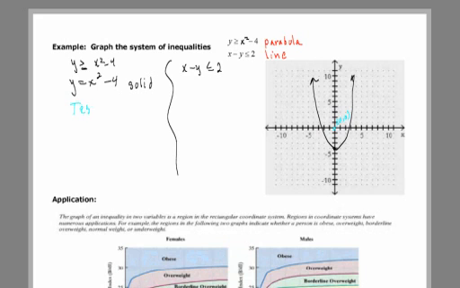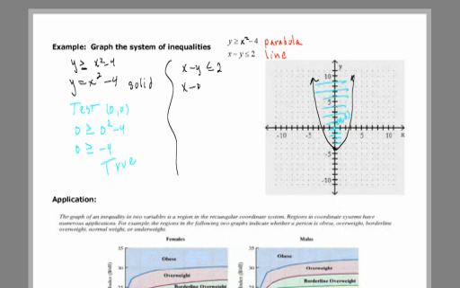In the original, I'll have 0 greater than or equal to 0 squared minus 4. 0 greater than or equal to negative 4. Well, 0 is greater than -4, so the test point here is true. I would end up shading the inside of my parabola.